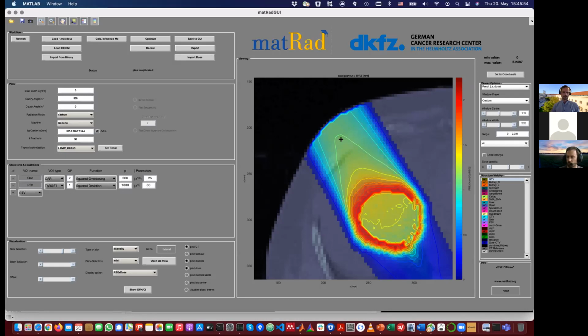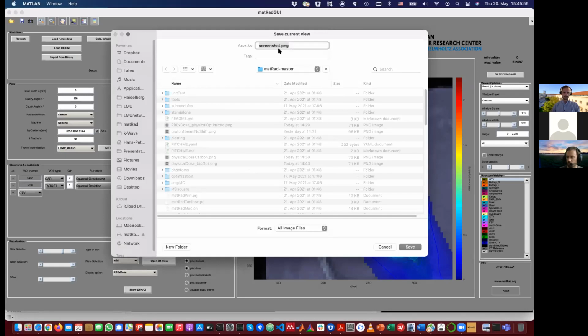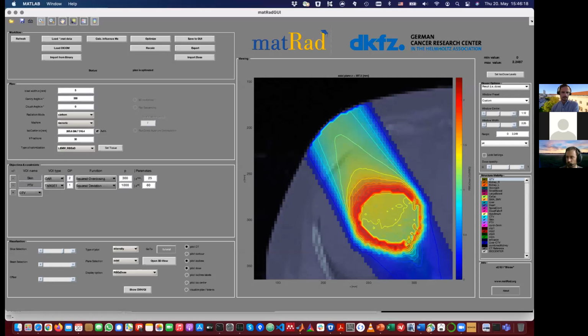And I will now save this as liver AB10 in PTV. And I will again plot the DVH and the quality indicators.